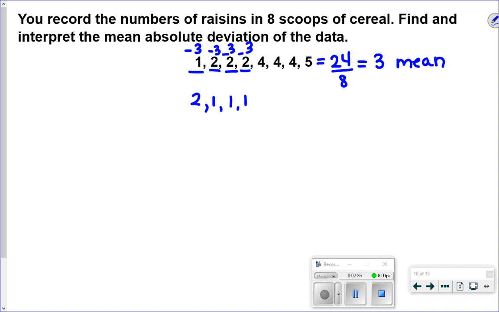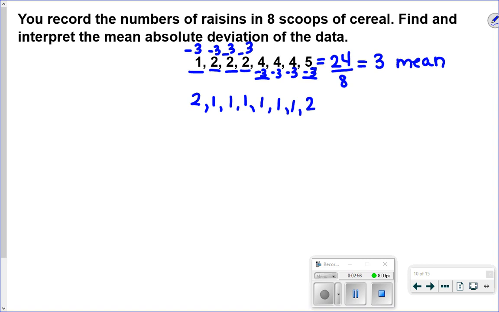And now I have numbers that are bigger than 3, so I'm going to subtract 3 from them. 4 minus 3 is 1, 4 minus 3 is 1, 4 minus 3 is 1, and then 5 minus 3. So I've taken each number and subtracted it with the mean in a way that gives me a positive answer.